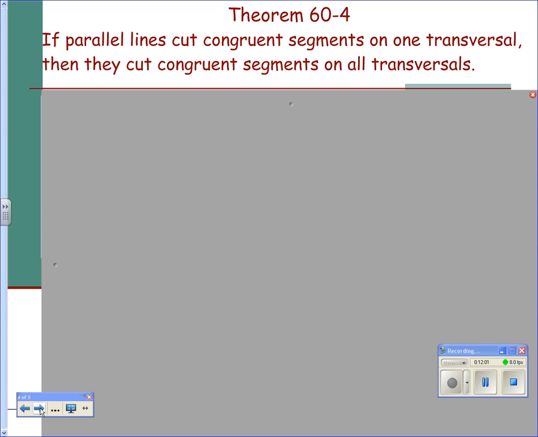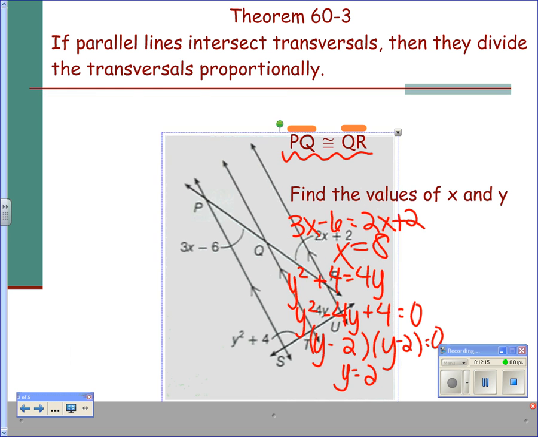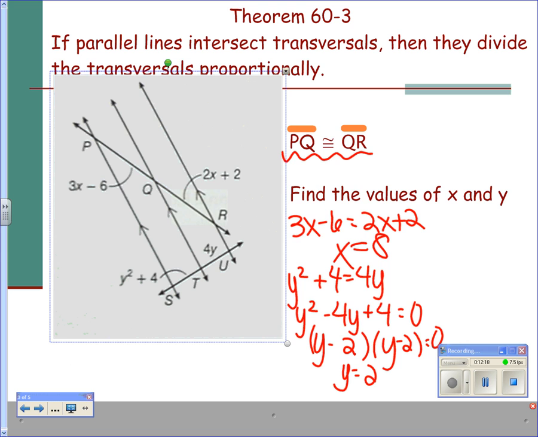So going back to that example we just did, since we knew that these two segments were congruent, those two had to be congruent as well. Does that make sense? If these two are congruent, those two have to be congruent.